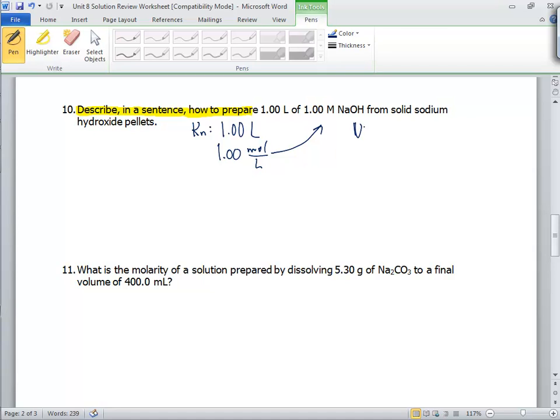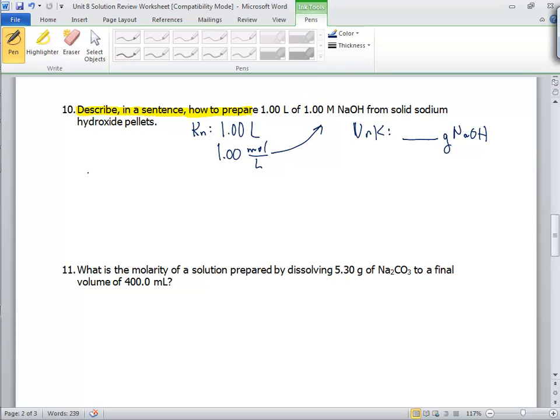The thing I don't know, the thing I need to know is I have to mix this in grams. I have to be able to mass out a certain number of grams of sodium hydroxide pellets. So that's what I need so that I can describe how to mix this solution.